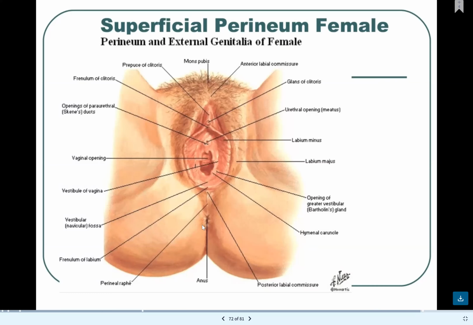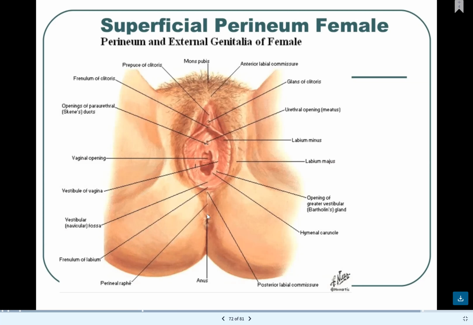Nonetheless, this doesn't show the total representation of a female's perineal region. Depending on the shape of the vagina, we have different types of vagina. Some of them are very open, some are very small. Also, the shapes look a bit different.